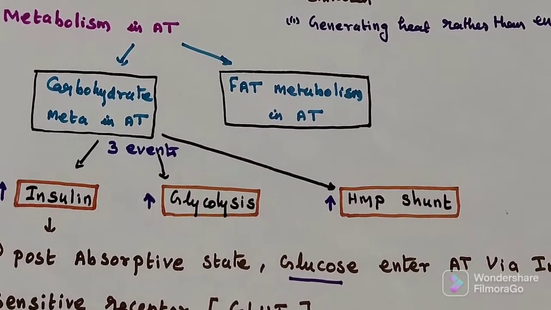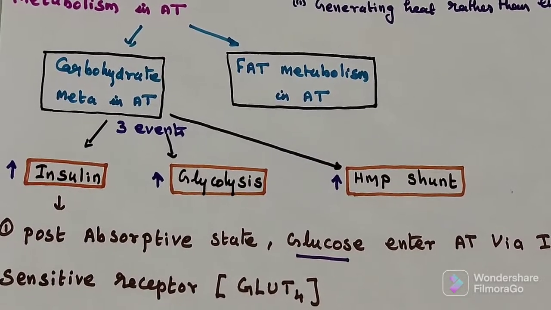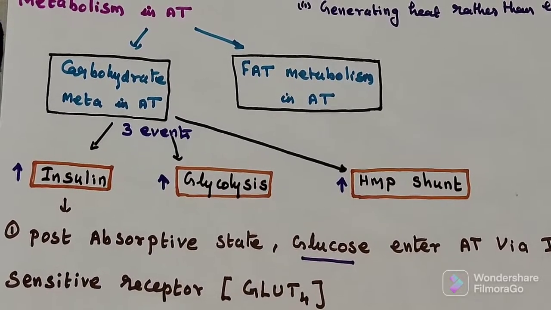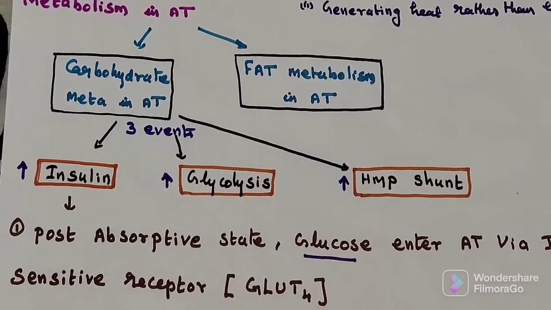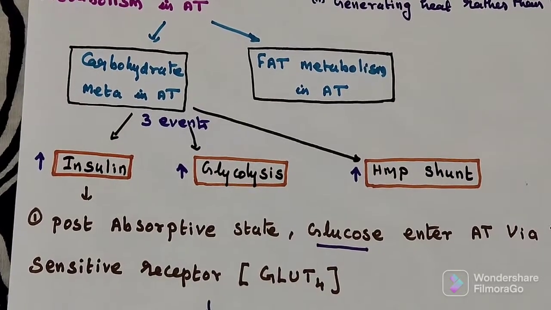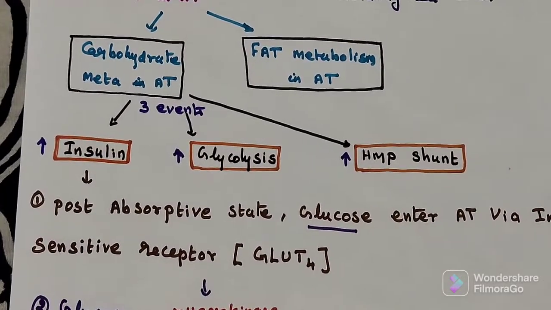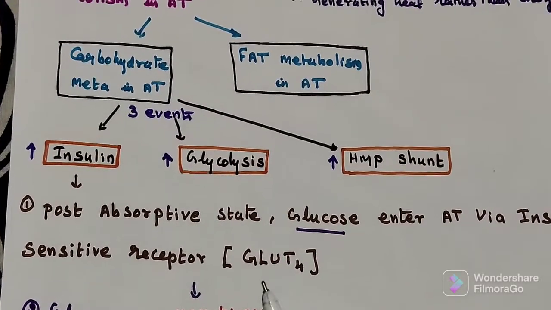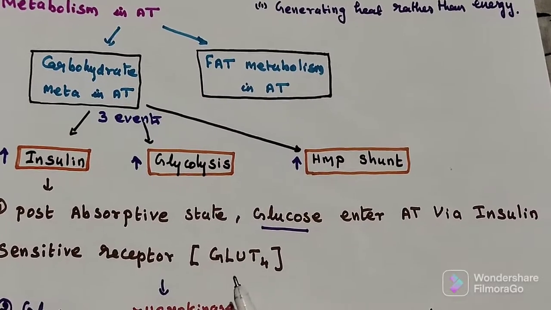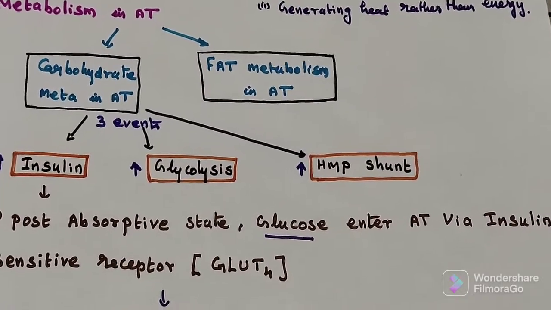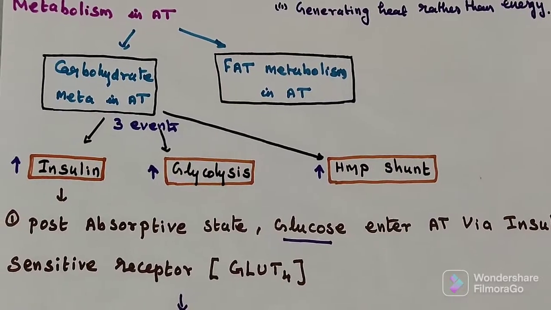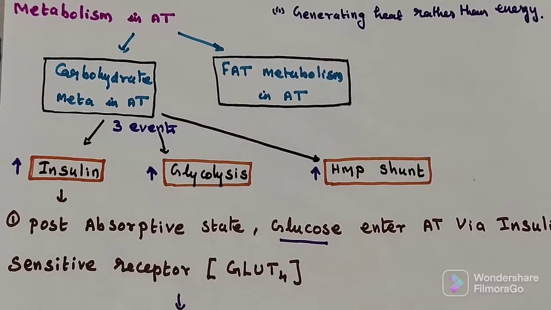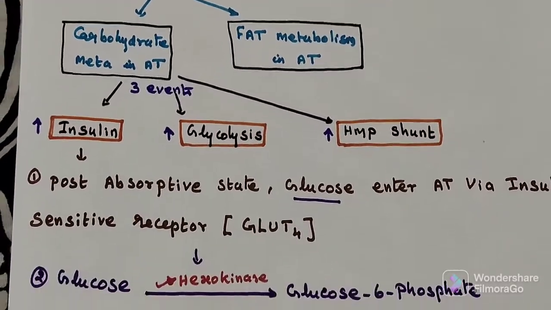Firstly, under the influence of insulin, which is elevated in the post-absorptive state, that is after you have eaten food, glucose enters adipose tissue via an insulin-sensitive receptor named GLUT4. Insulin activates this GLUT4 receptor.